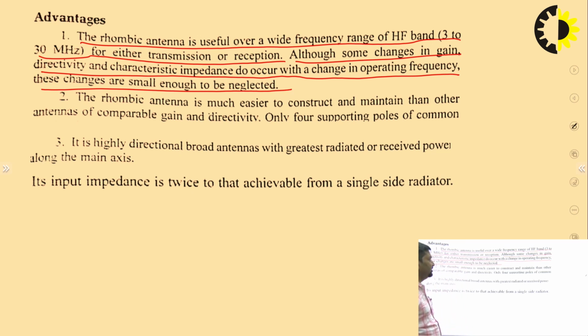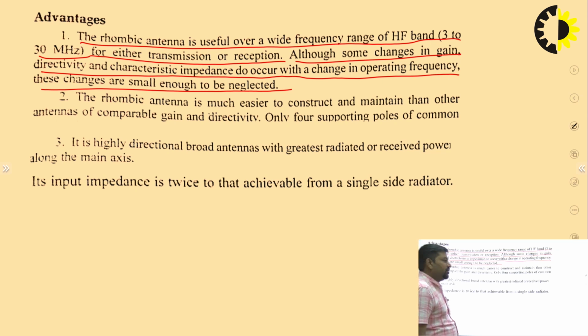What is the meaning of this? If the directivity and the characteristic impedance of the transmission line change, most of the power is converted into heat, which is not useful for communicating purposes. So we have this type of challenge.